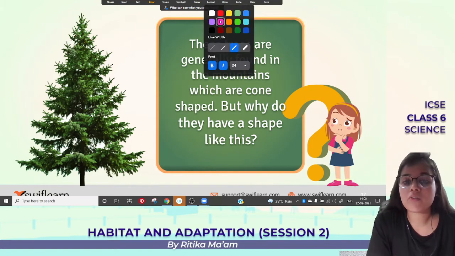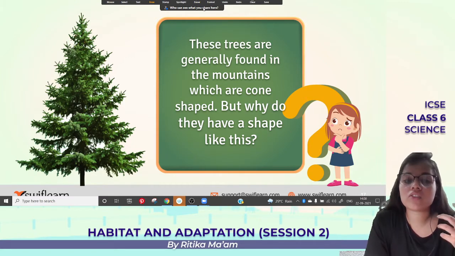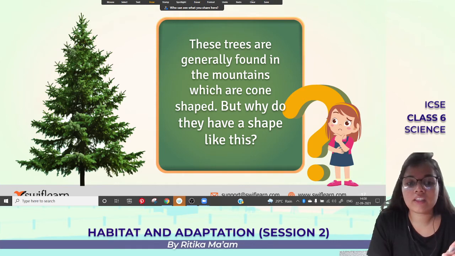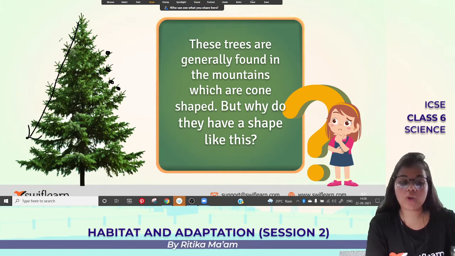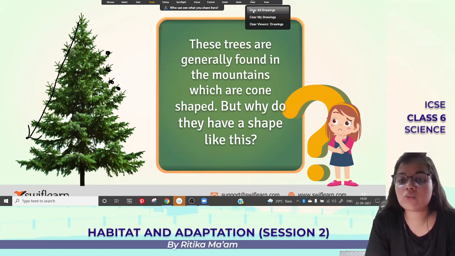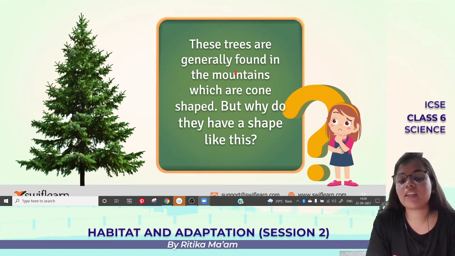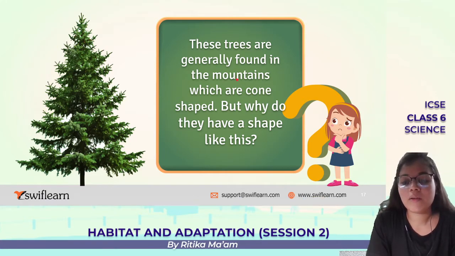Since in the mountain region there is continuous rain and snow, if the snow is kept here, it will destroy the plants. So this particular shape allows the snow and the water to drop down, and that is why the mountain plants are shaped in a conical manner.